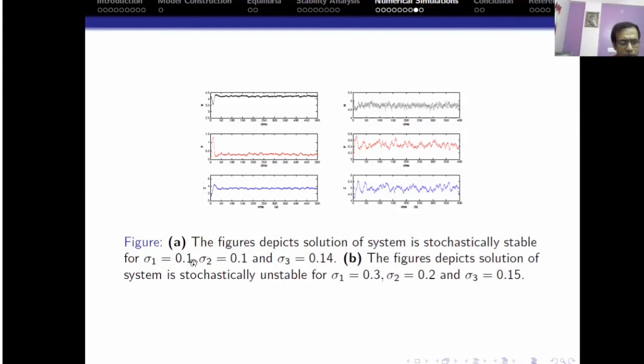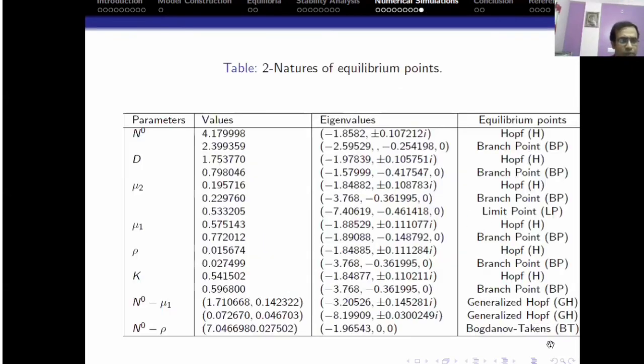So first we choose the given set of parameter values, and here you see this system is stochastically stable. But when you choose the values of sigma 1, sigma 2, sigma 3 like this, then we can say that the system is stochastically unstable. And this table represents the nature of the equilibrium point. I have already mentioned all the sensitive parameters and found the result.